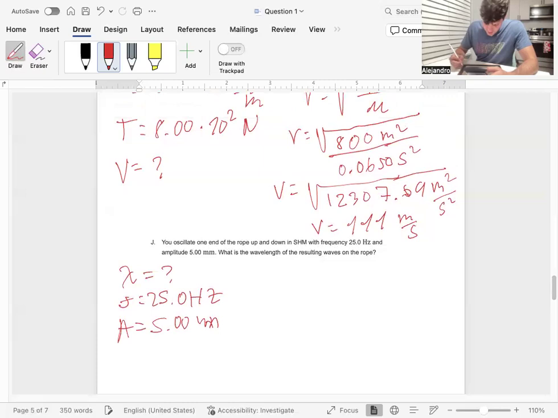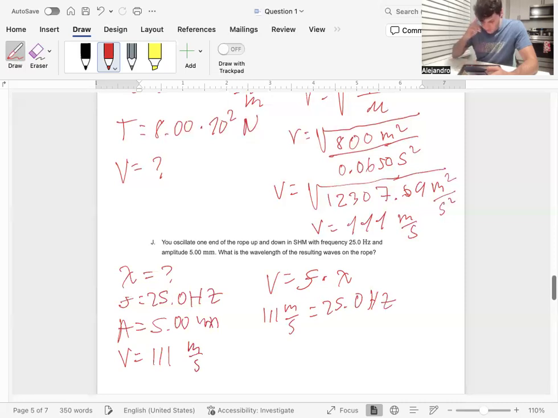Okay, let's see if there is any relationship here. Wavelength. We know the speed, meters per second, and there is a relationship here as given by the formula. Speed is frequency times wavelength. Speed is given in meters per second, frequency 25 hertz times the wavelength.